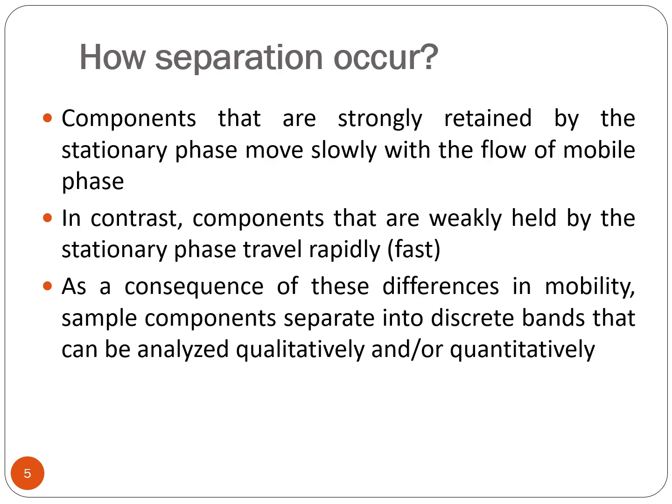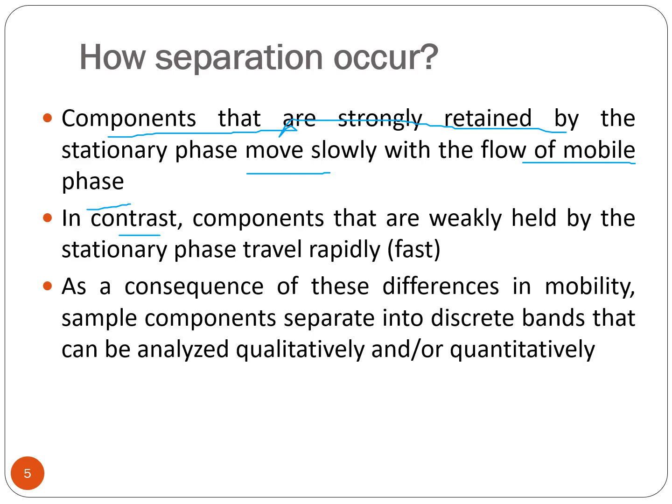Okay, so macam yang saya cakap tadi, how separation occur. Okay, so dalam kita punya sample mixture, ada a few component that can be separated through this chromatography. Okay, so component yang strongly retained by the stationary phase move slowly with the flow of mobile phase.